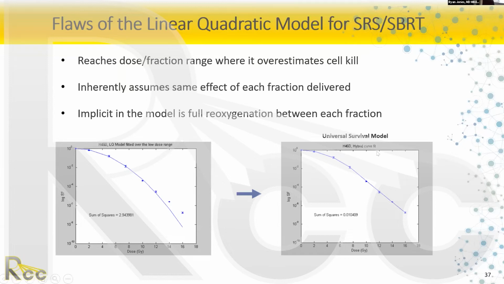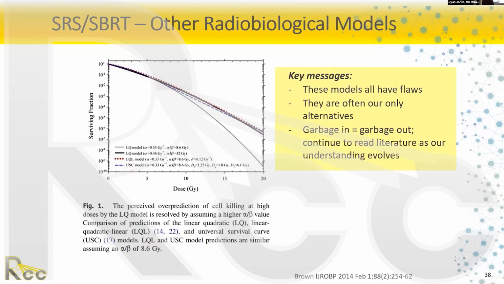Other groups, like the group from UT Southwestern, took cell lines and in vitro, modeled out survival and reached a more linear tail there at the end. This is called the universal survival model. It's just one of several. There's one called linear quadratic linear, which about matches the universal survival model.